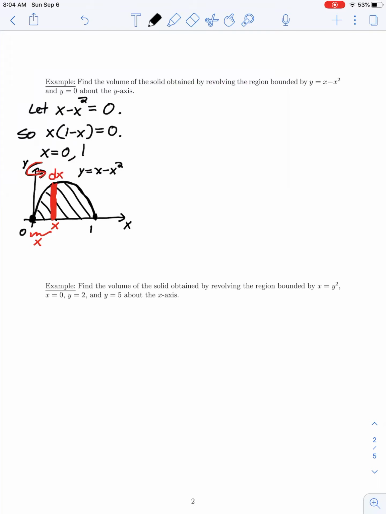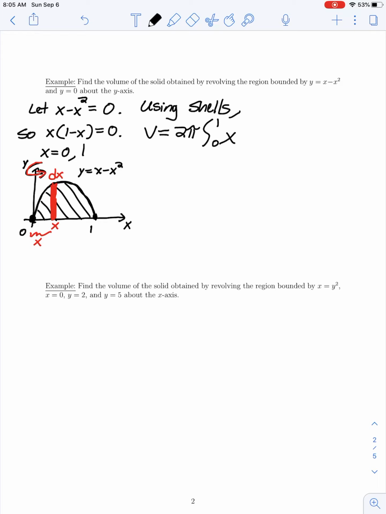So that means we're going to be using the method of cylindrical shells, or the shell method. And our volume of this solid of revolution would be given by 2 pi times the integral along the x-axis here from 0 to 1 of the radius of our cylinder, which we already said was x, the distance from the y-axis out to our strip.